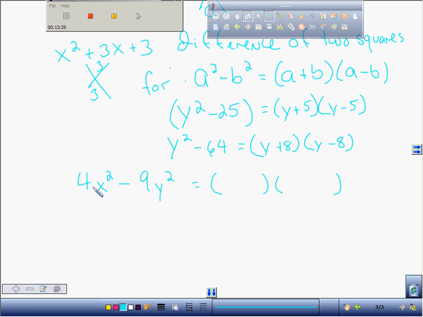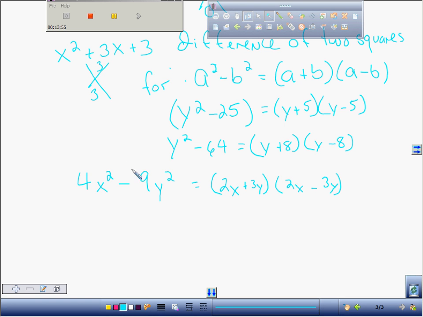What number do I multiply by itself to get 4x squared? 2x. What number do I multiply by itself to get 9y squared? 3y. So I make one of them a plus and one of them a minus. So it's like 2x plus 3y, 2x minus 3y. And if I FOIL those together, I would get that out.